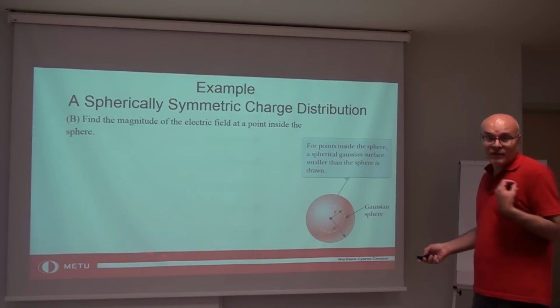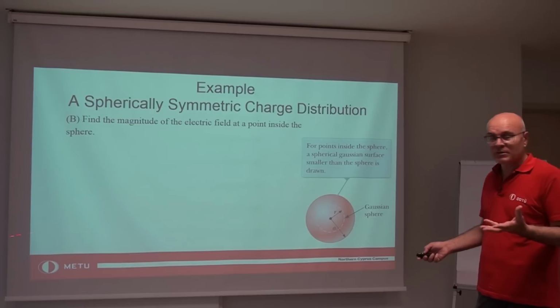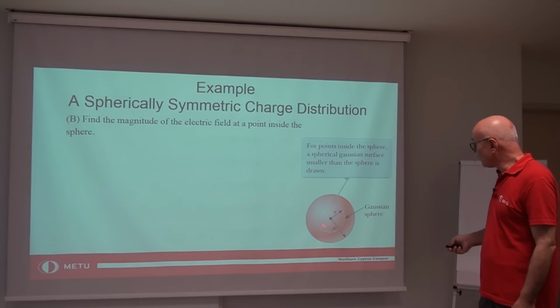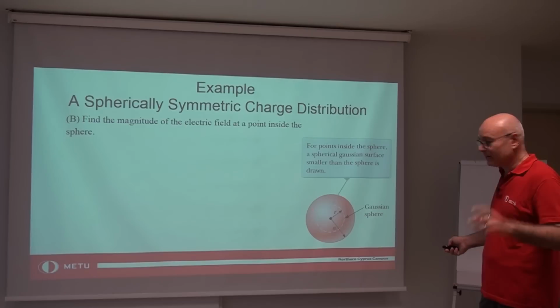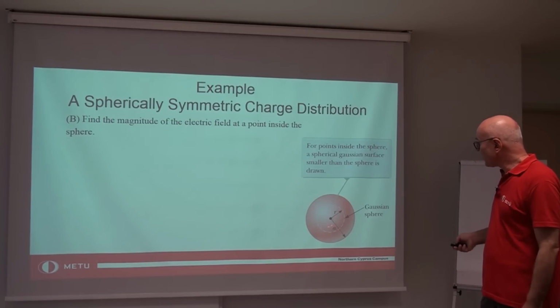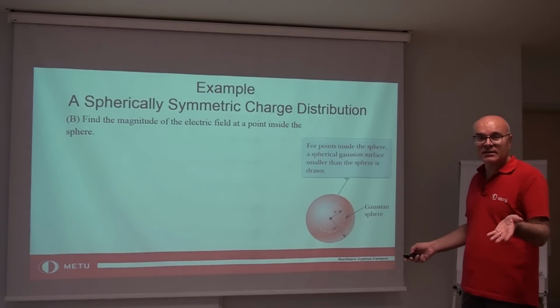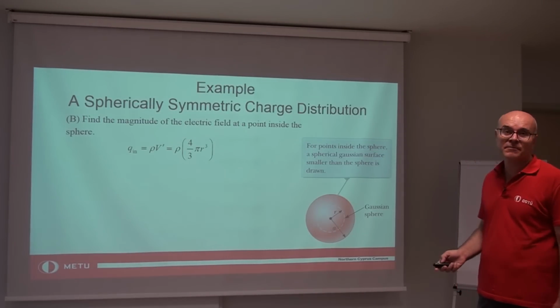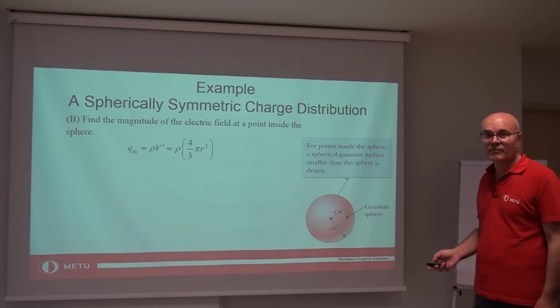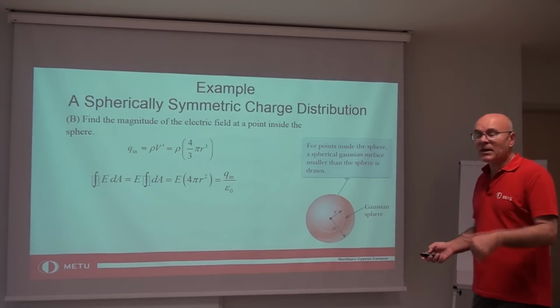Well, because the charge is uniformly distributed, if you know the charge density, then you take the volume of this sphere, which has radius small r now, not a, and multiply it by rho, the charge density. That gives the charge enclosed by this Gaussian surface, which is this. Now, apply Gauss law.